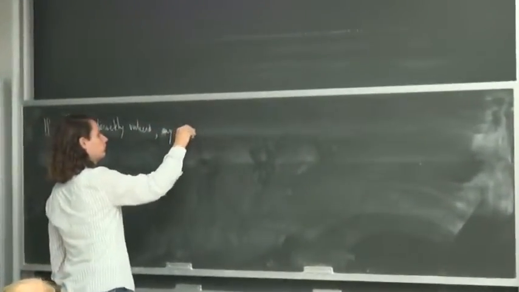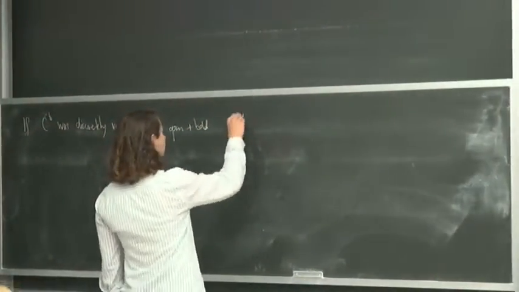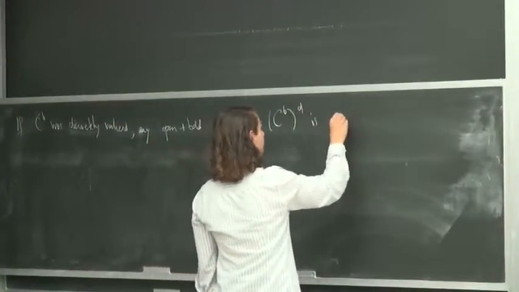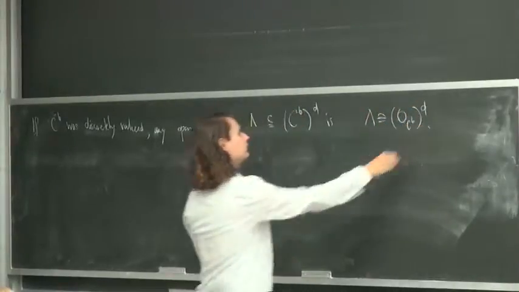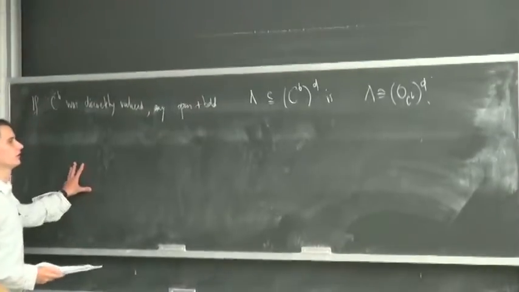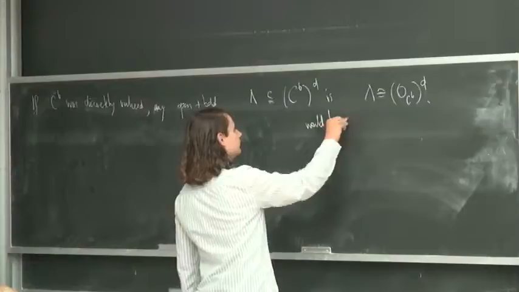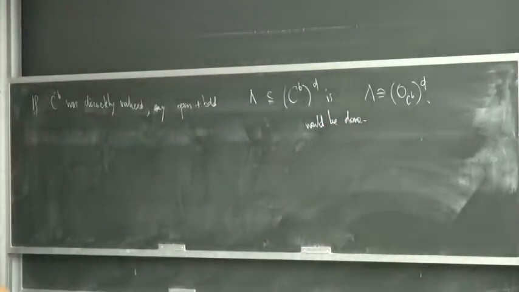For the classical theorem, we can stop here: any open and bounded lambda inside of some C flat to the d is isomorphic to the ring of integers to the d. So we would be done. Which handles the classical case, at least for complete regular local rings.